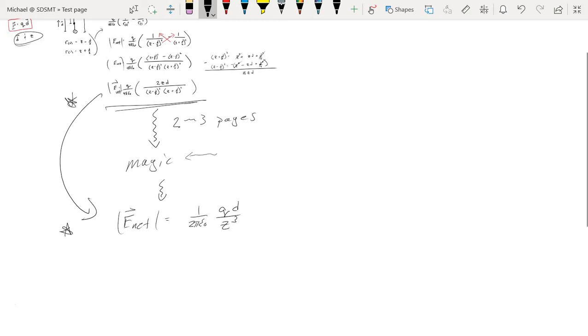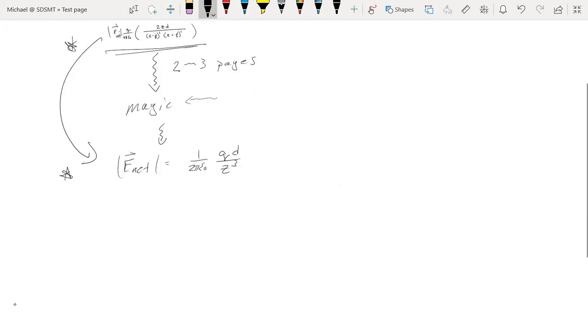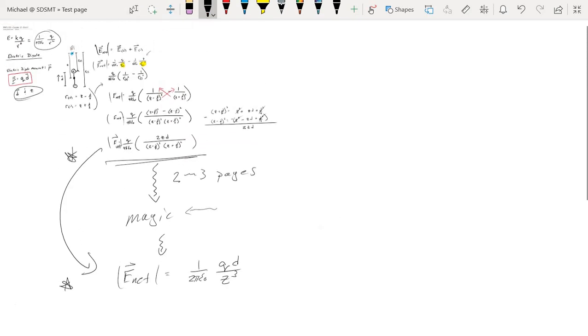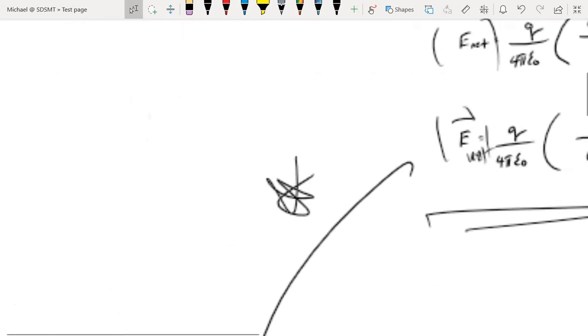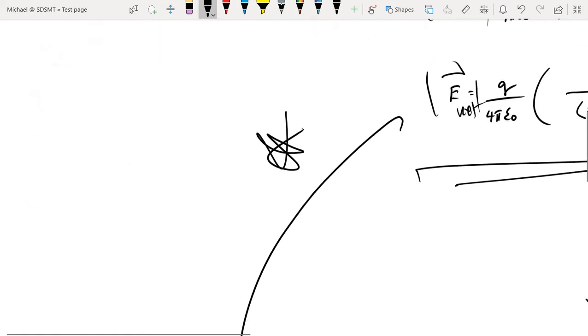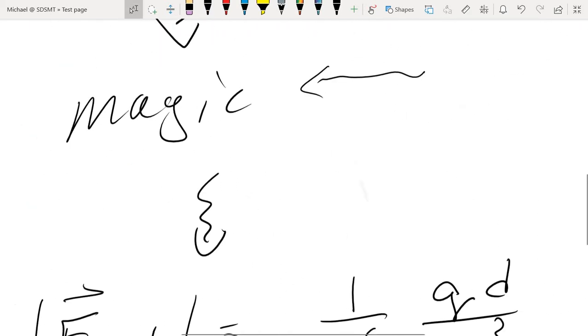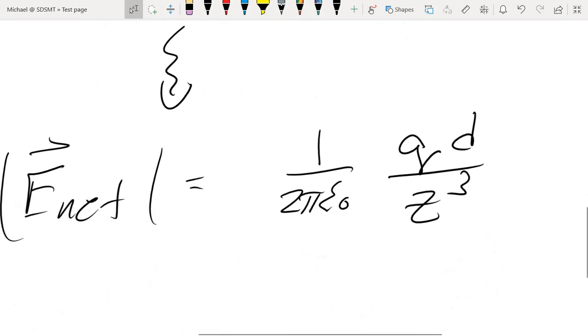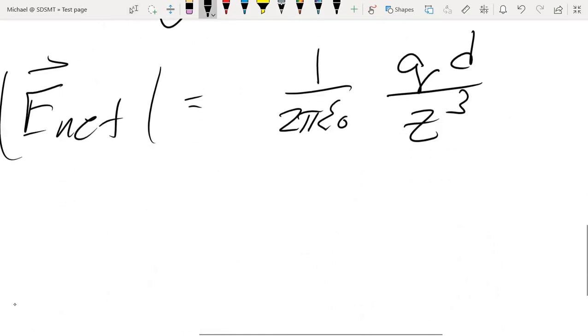And then that would be a homework assignment, basically. But now we can combine what our author wanted earlier, which is the definition of the dipole moment qd, with the final expression right here.